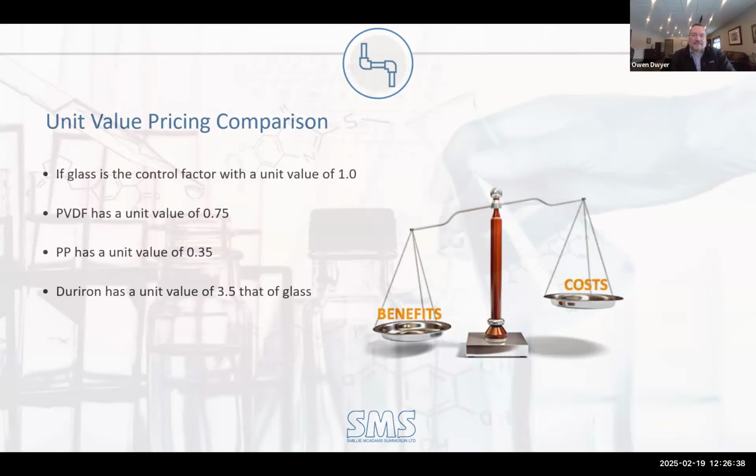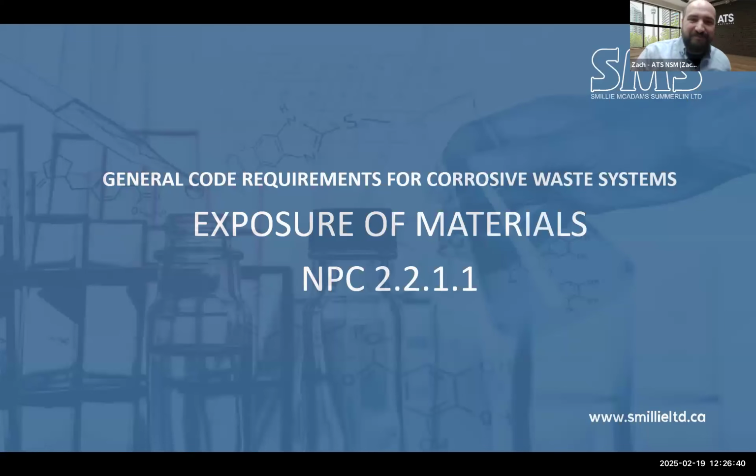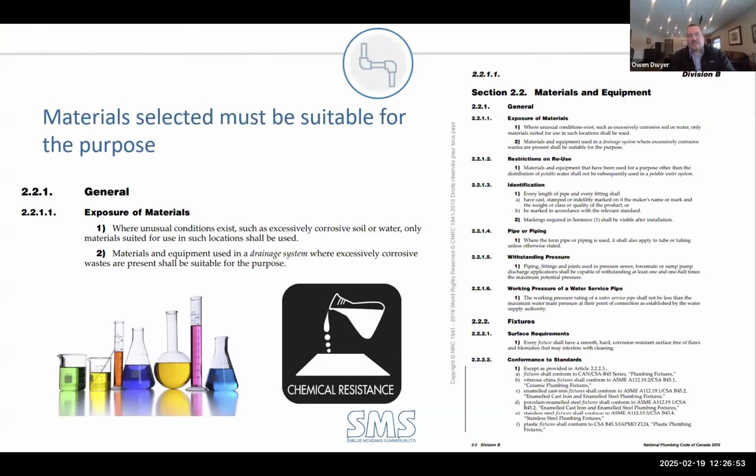For sure. Yeah, I haven't seen any other questions come in, so I guess we can move on to the next step. Sure. So another general requirement for corrosive waste in general is exposure materials in our National Code 2211.2, where basically it states materials and equipment used in the drainage system where excessively corrosive wastes are present shall be suitable for the purpose.